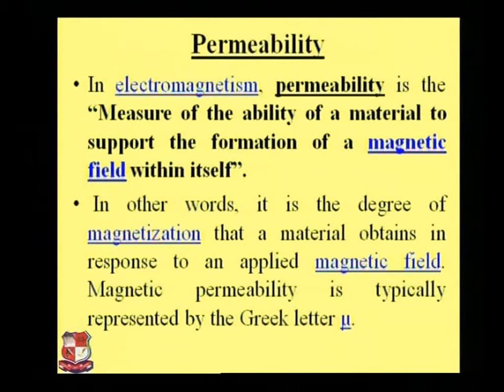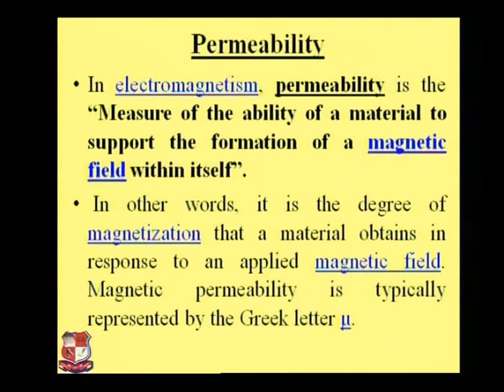It means that whenever you are talking about any magnetic material, you have to find out the capability of that material to produce magnetism. So using the permeability, we can easily say about the magnetism of that particular magnetic material.